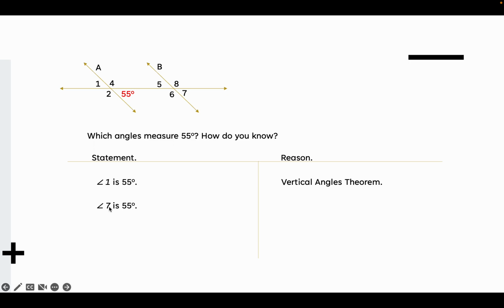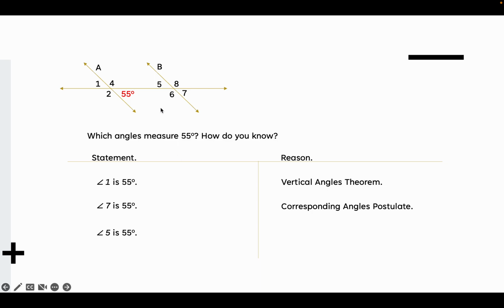We also know that angle 7 is going to be 55 degrees because angle 7 is a corresponding angle. Corresponding angles postulate says that corresponding angles are congruent.